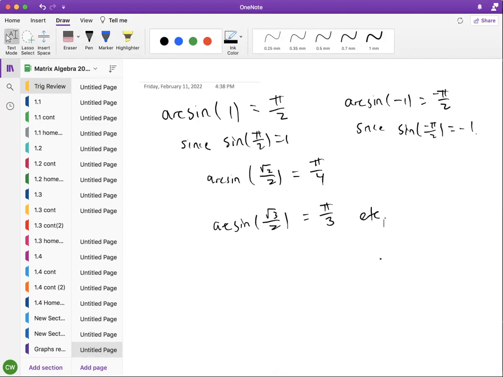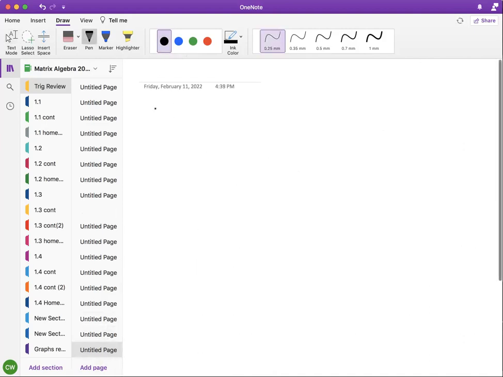So let's do the same thing but for cosine, and we'll actually also do tangent. So let's look at arc cosine. Now, something different about cosine is that I can't use the same interval as I did with sine.